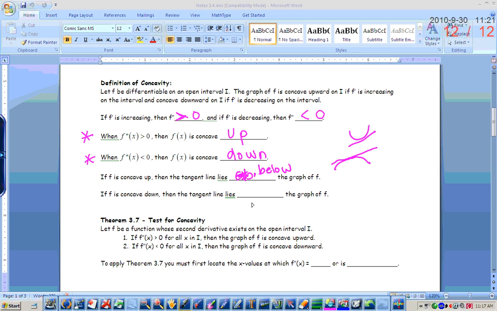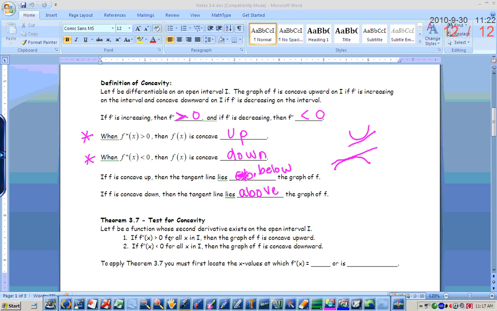That is something I usually have to draw. I have trouble memorizing it, so I think, concave up like a cup, draw a tangent line, and it's down below. All right, so this brings up the test for concavity.